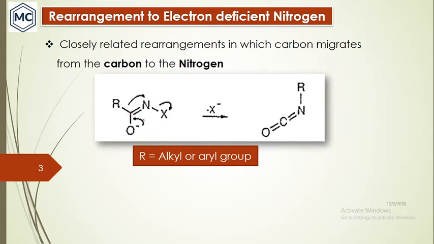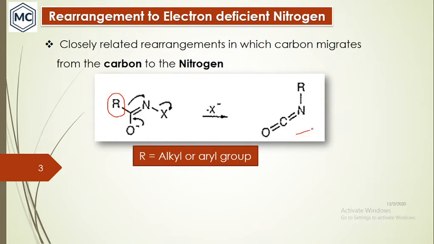And in this reaction, a skeletal rearrangement that usually happens in all four reactions is like this. So the O minus restores its pi bond, and this R bond migrates. That means the carbon migrates to the electron deficient nitrogen, the halogen leaves, and it forms an isocyanate.